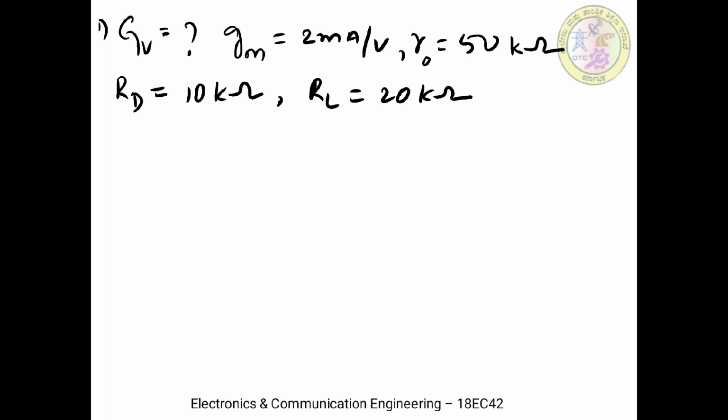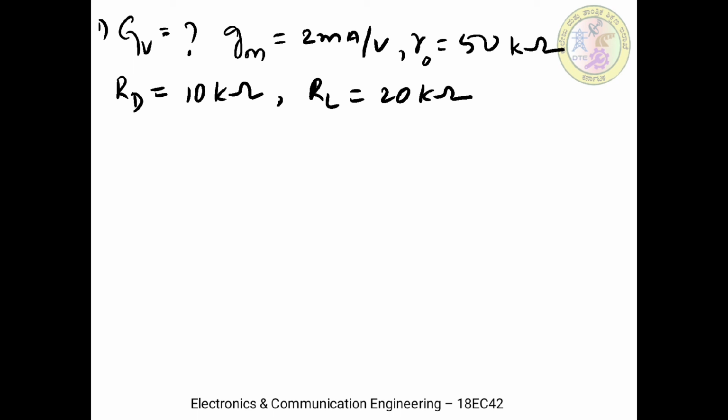So what do we have to find? We have to find the overall voltage gain GV. The conditions given are: GM means transconductance, it is 2 milliamperes per volt. R naught is the output resistance of the MOS transistor. RD is the drain resistor.